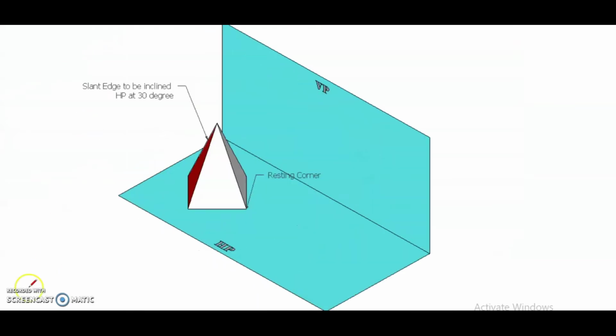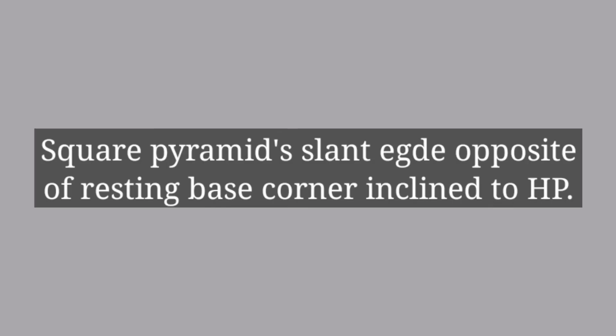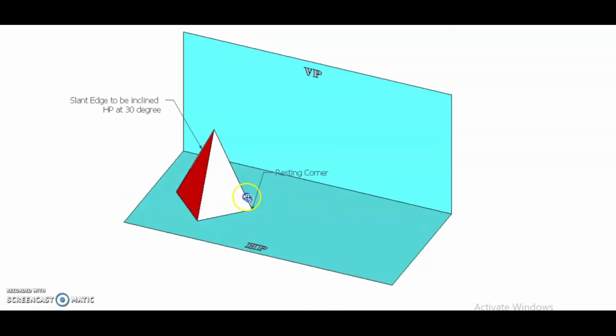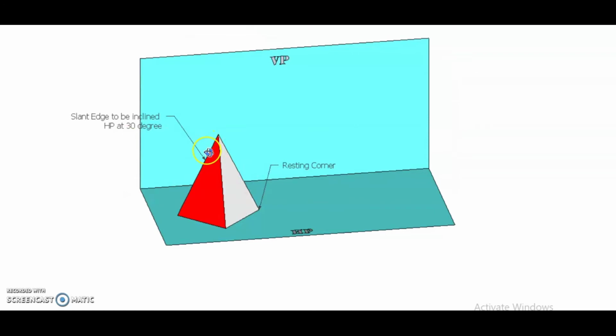Now in this case, this square pyramid is resting on one of its base corners on HP, and in the final condition we have to incline this square pyramid in such a way that this slant edge should be inclined to HP at 30 degrees. So the final condition will be like this one.